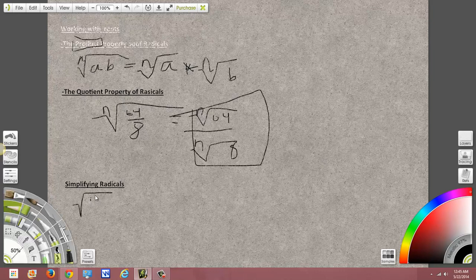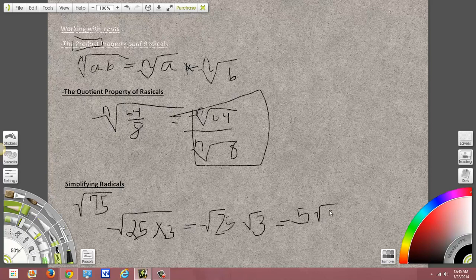If you have something like the square root of 75, that would be 25 times 3. Take the square root of 25 and the square root of 3, and you get 5 root 3.